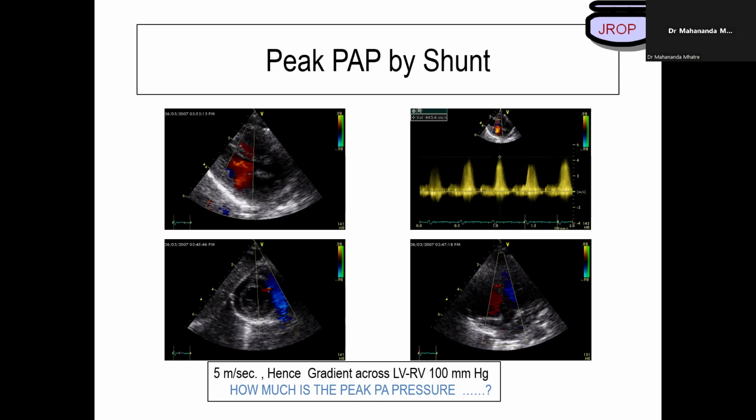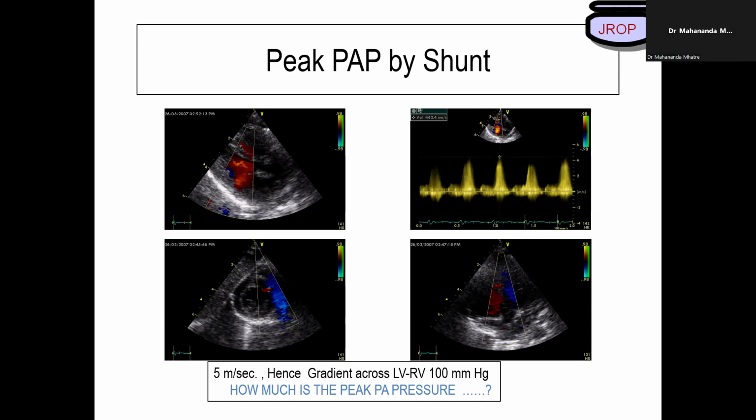So if you happen to get a velocity of 2.8 meters per second, your ear should start ringing that possibly this patient could be a case of pulmonary artery hypertension. Got it? Yes, sir. The important take-home message is, look, I cannot calculate pulmonary artery hypertension in everybody.